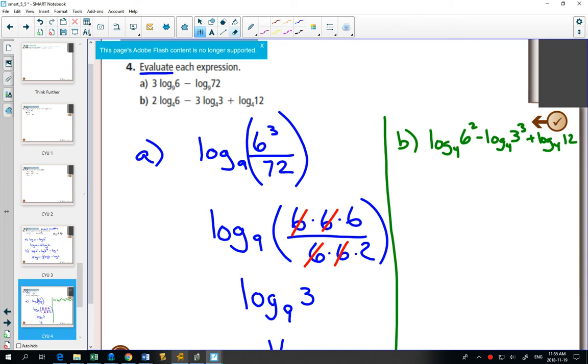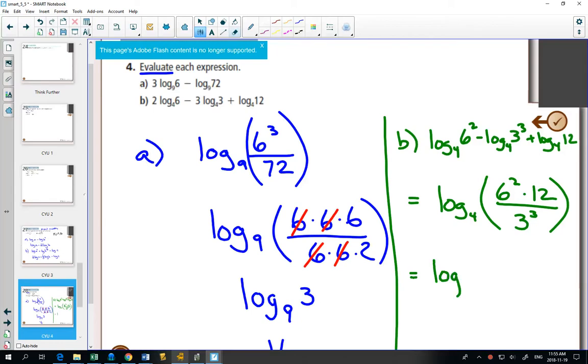So again, once I've got my powers in there, I would put this together all at once. Whatever is added, which is the 6 squared and the 12, will be multiplied in your numerator. Whatever is subtracted, the 3 cubed, will be in your denominator.